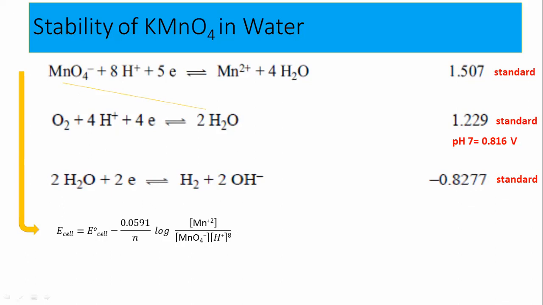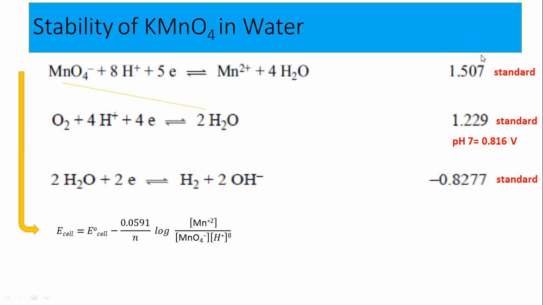How can you avoid this spontaneity, because you have to prepare KMnO4 in water, and without water you cannot prepare KMnO4? So what would be your answer? By changing the pH. We will change the pH. There are only two options here.